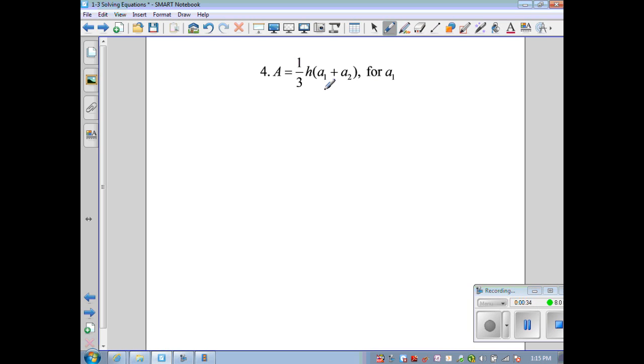But the easiest way to do this is to go right at the problem and multiply both sides by 3. That'll eliminate my fraction. That will give me 3A equals 1/3 times 3 will simplify to be a positive 1, leaving me h times a sub 1 plus a sub 2.